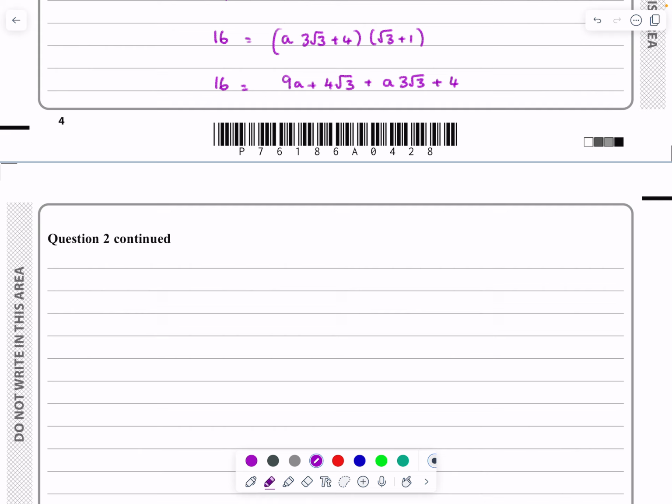And then if I want to get a equals, what I'm going to do is to say this is 16 minus 4 root 3 minus 4 is equal to 9a plus 3 root 3a. And I'm going to take a as a factor there, which will give me 9 plus 3 root 3 here is equal to, and that's 12 minus 4 root 3 now, isn't it?